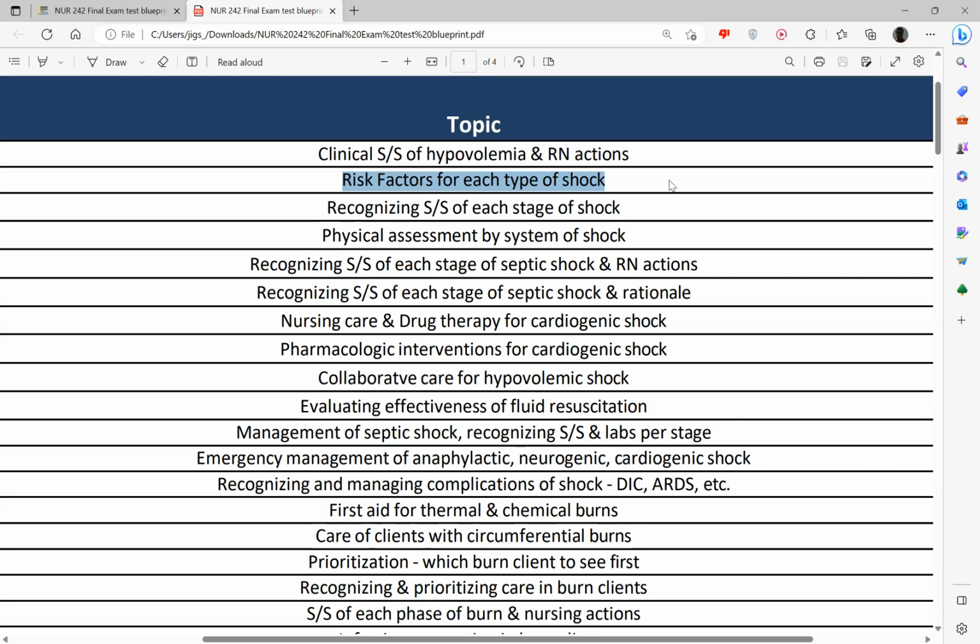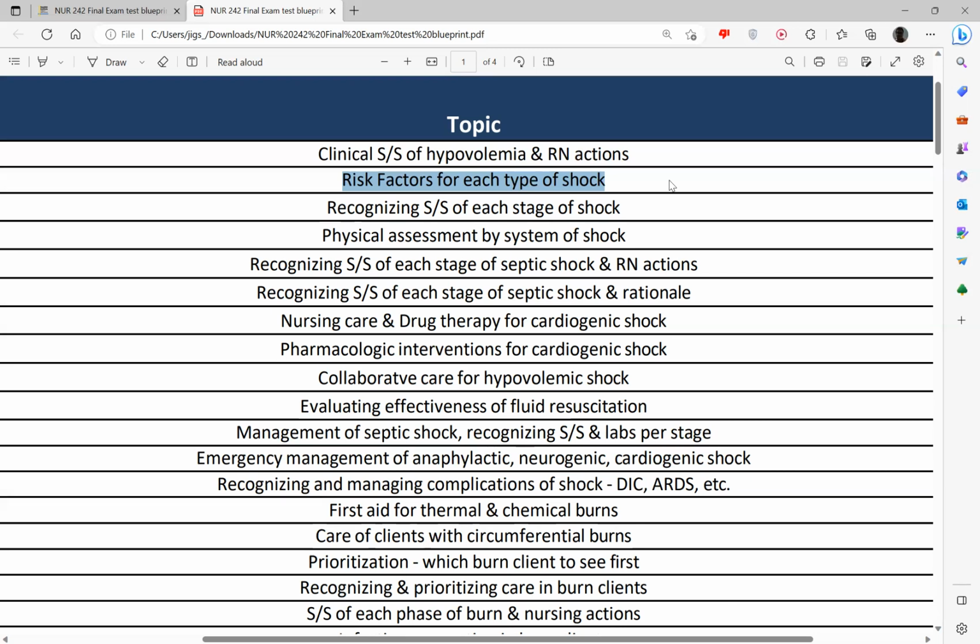For anaphylactic, of course, hypersensitivity, drugs or foods or chemicals. And then what about for septic? It's also caused by acute lung injury. Sepsis tops the list, or any other conditions that increase your risk of sepsis.